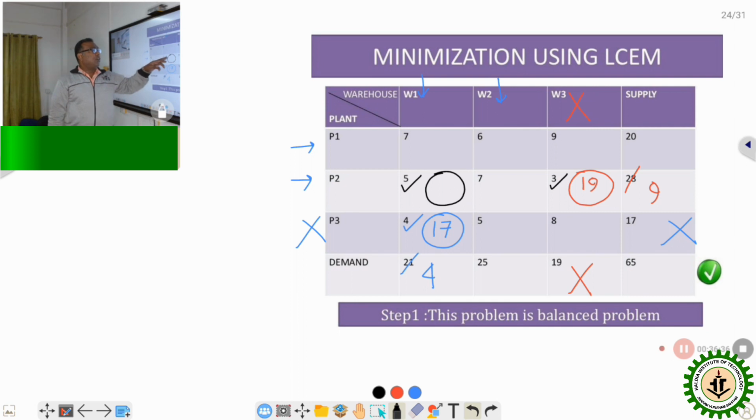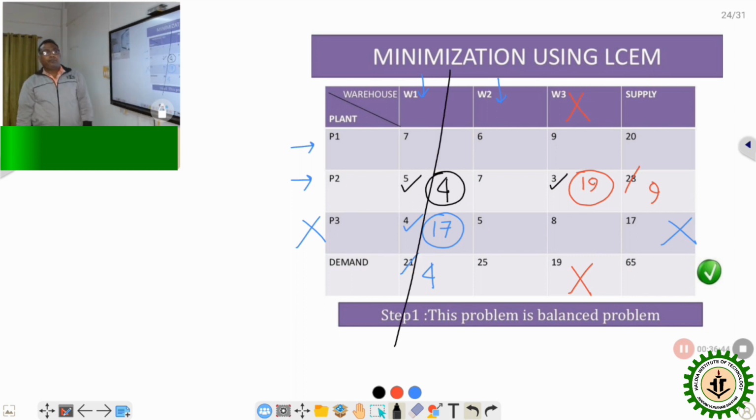Demand is 4, available 9. So you can transport 4 units here. So its work is also finished. Only 2 cells are remaining. 4 units we have sent, so here 5 units are remaining.